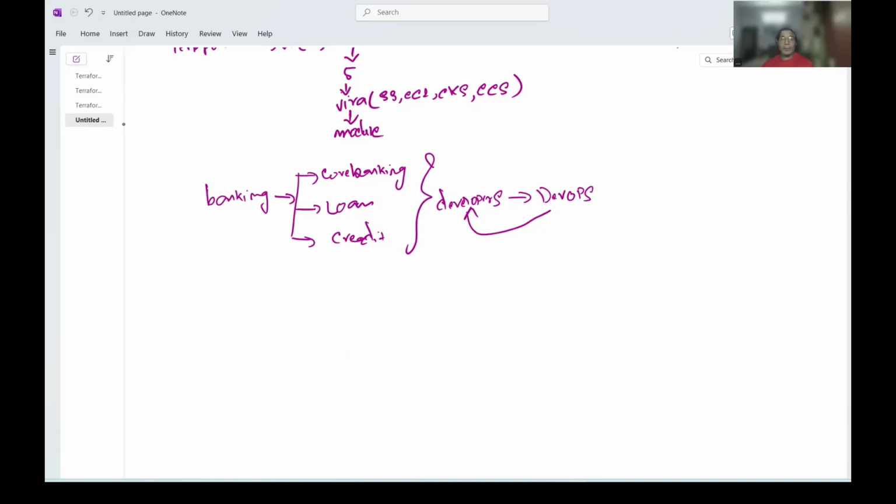For that, I had to convince multiple teams. I did lots of proof of concept, and finally I came up with an architecture which suits my organization well. This is how you have to express your day-to-day tasks and the challenges you have faced while working on them to the interviewer.